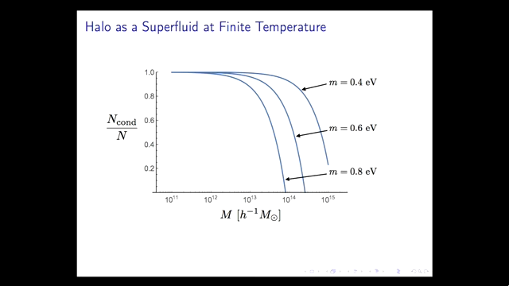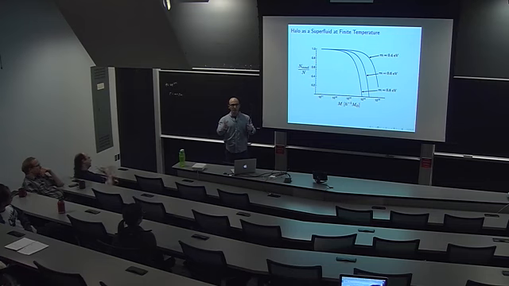Okay, so we talked about the halo, right? First the halo virializes, then the characteristic velocity for the particles is set by the virial velocity, and then we checked what conditions need to be satisfied in order for the system to undergo Bose-Einstein condensation.